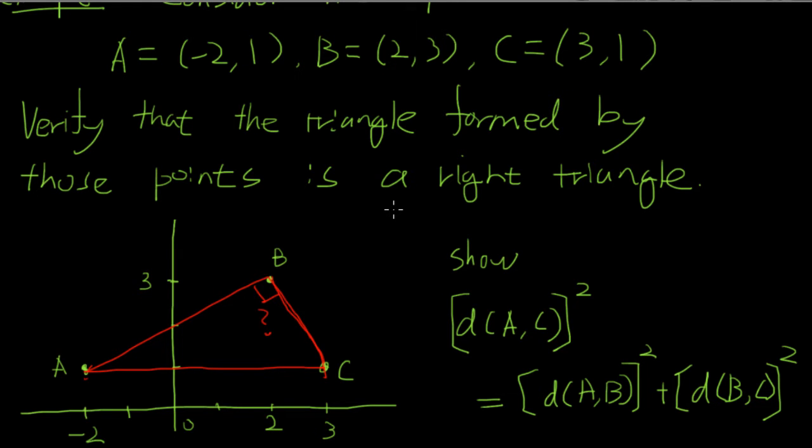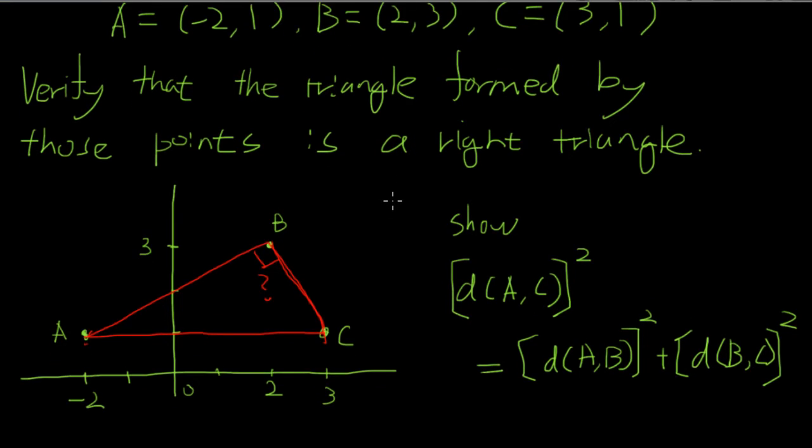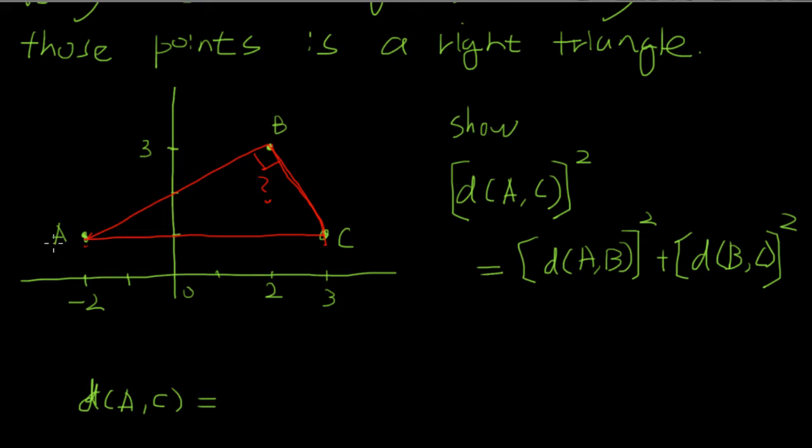Those points are right there. Let me write down the points: -2 and 1, this is 3 and 1, this is 2 and 3.